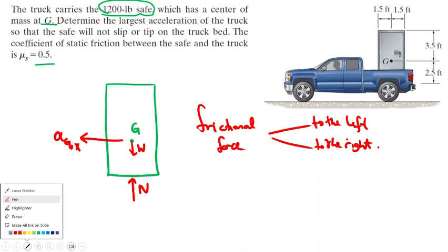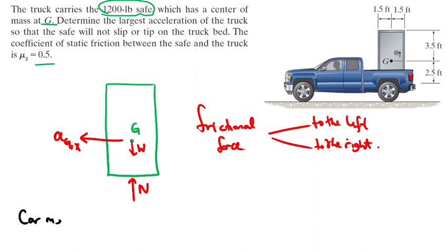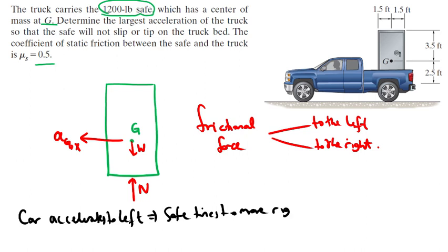If you think of it this way, the car moves to the left, not moves, let's say accelerates, and then the safe tries to move to the right. By Newton's first law, it has inertia that tries to keep it in place.